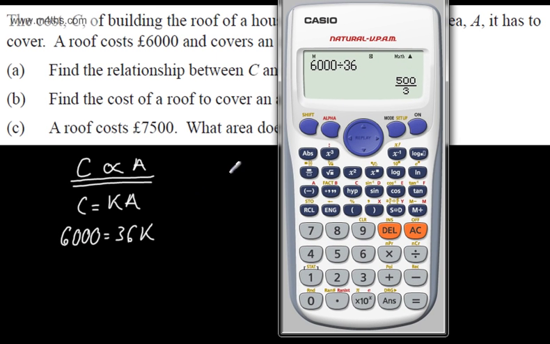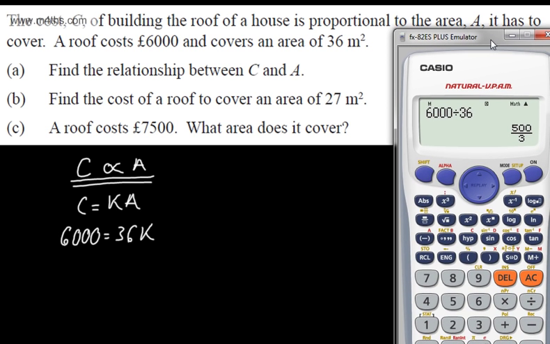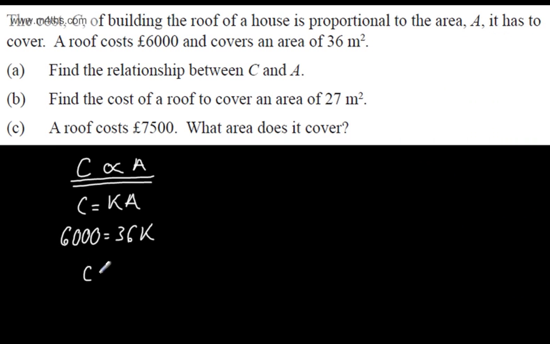So that gives me the value of k. I'm going to leave it as a fraction, as it's a lot easier to work with. So the cost of the building is proportional to the area, and we can write now that C is equal to 500 over 3 multiplied by A. And that is what we call an exact fraction.